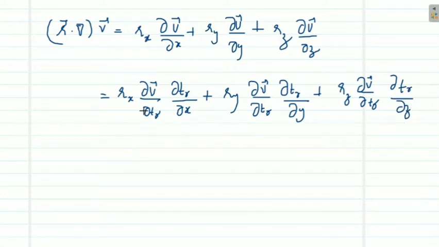Here we can see this term dou v bar by dou t is common. We can take this term as common. And what is dou v bar by dou t? It is the acceleration, right? The acceleration vector.